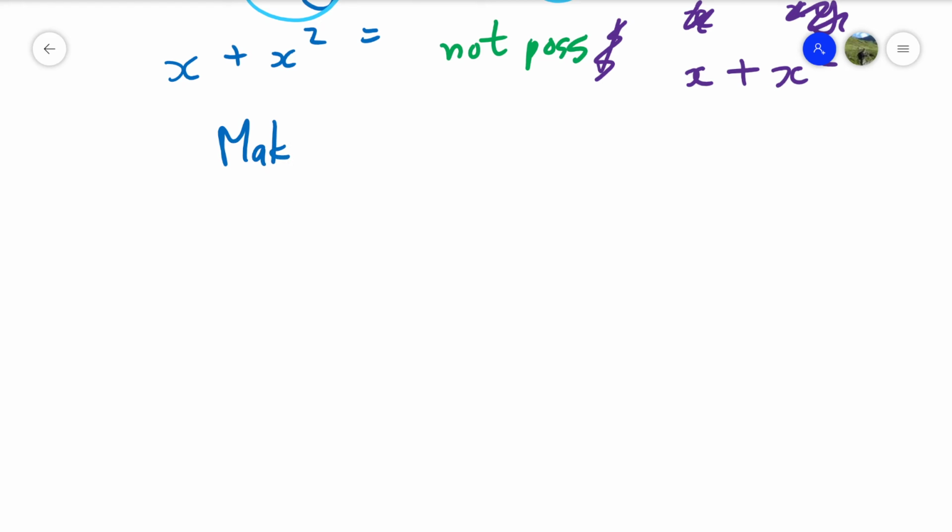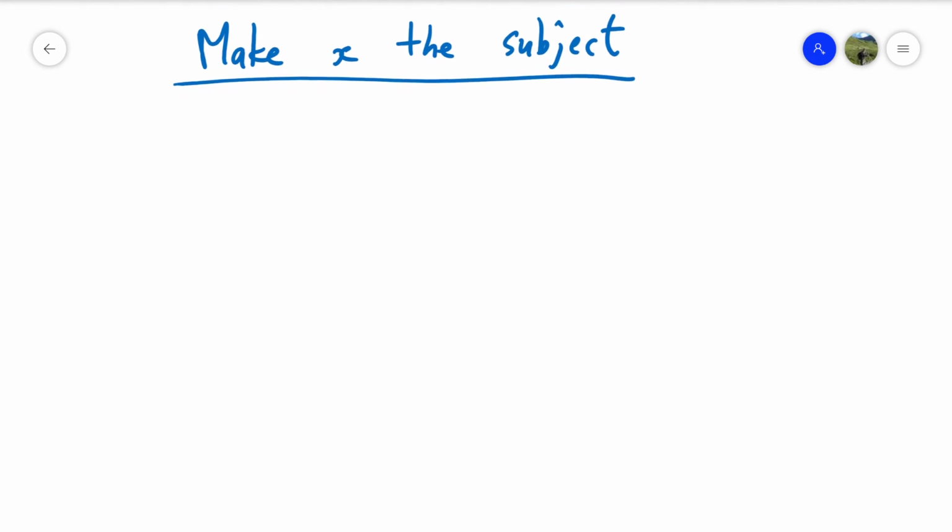We haven't done this before. Make x the subject. I'm going to write the question. Pause the video to have a go in your own time. If you want a clue, if you don't know what subject means, let me write an equation.